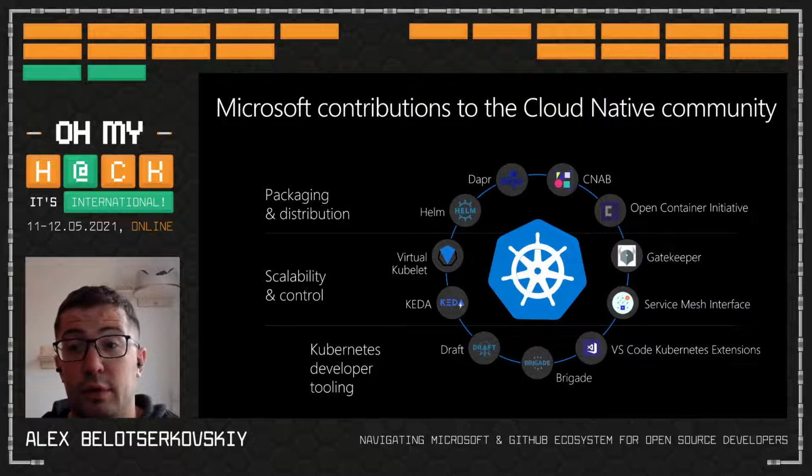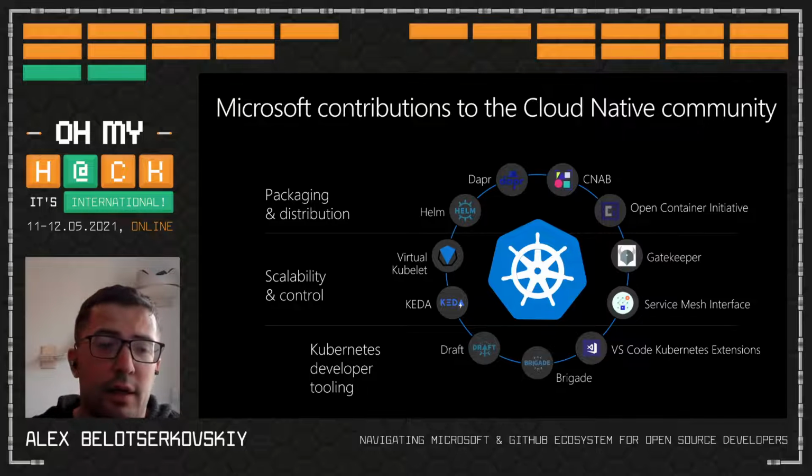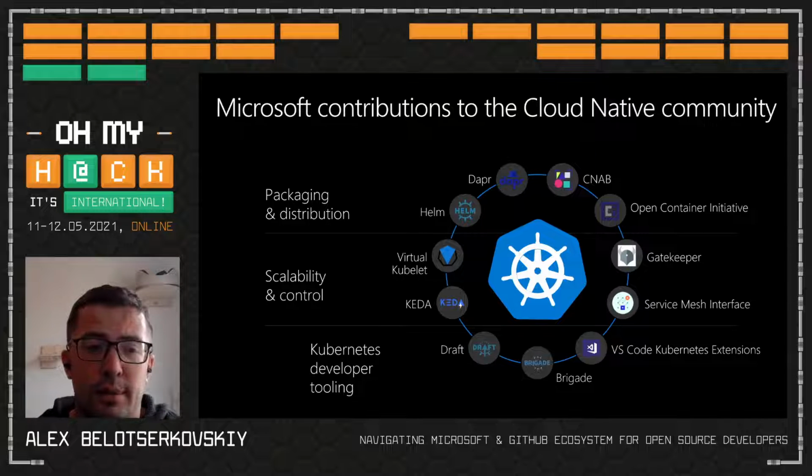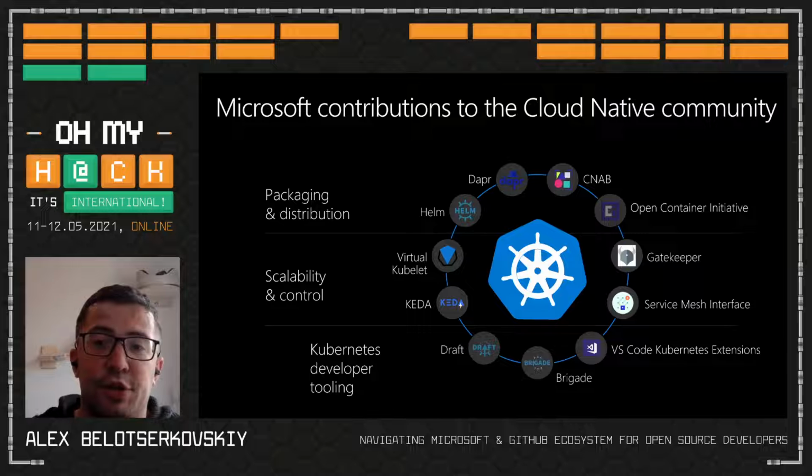Or KEDA. KEDA is another great service that I recommend to everyone who is working with scalable systems that should react to big load. KEDA extends the scalability functions of Kubernetes with a rules engine.